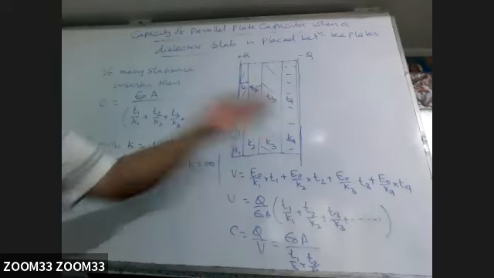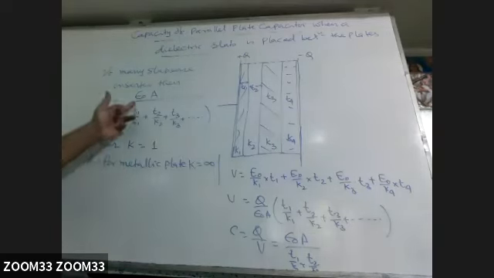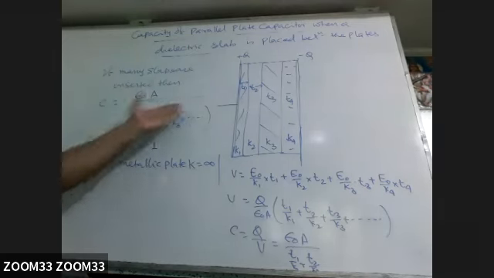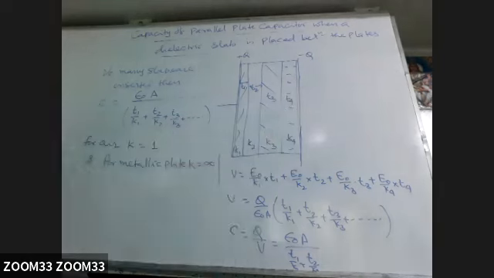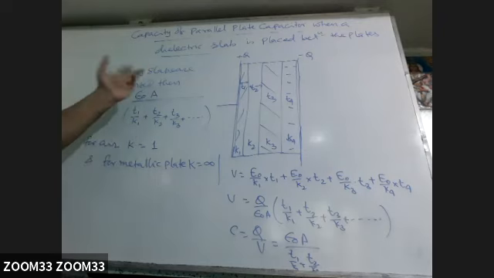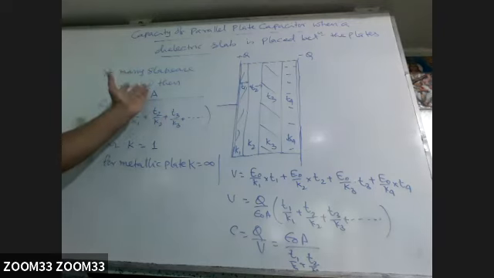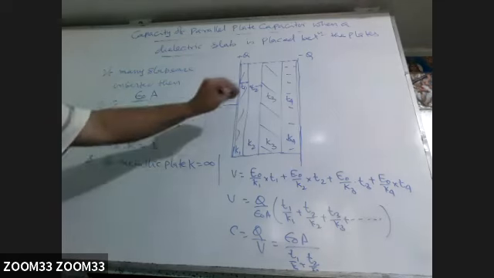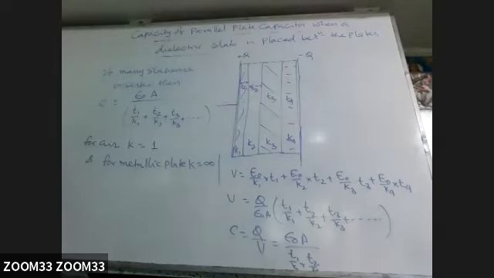If only air is there, then it is d by 1 only, so epsilon naught A over d. If the whole is of only one material, epsilon naught A over d by K, so K will go up: epsilon naught epsilon r or K A by d, that we have already done. So this is the general formula for a parallel plate capacitor.